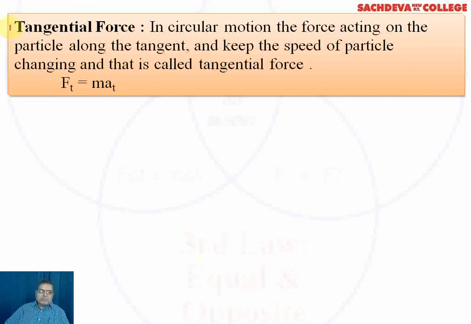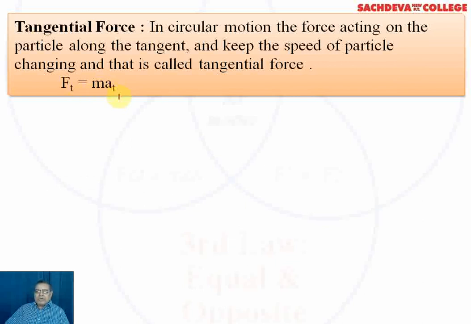Now we come towards what is tangential force. In circular motion, the force acting on the particle along the tangent that keeps the speed of the particle changing is known as the tangential force. Tangential force is given by Ft equals m at, where Ft is the tangential force and at is the tangential acceleration.